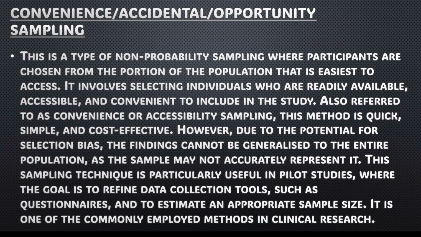Convenience sampling, which is also known as accidental sampling or opportunity sampling. In this type of non-probability sampling, the participants are chosen based on who is easiest to access. For example, if a resident does research on sleep quality and sleep quantity among postgraduate medical students, say he himself belongs to the surgery department.